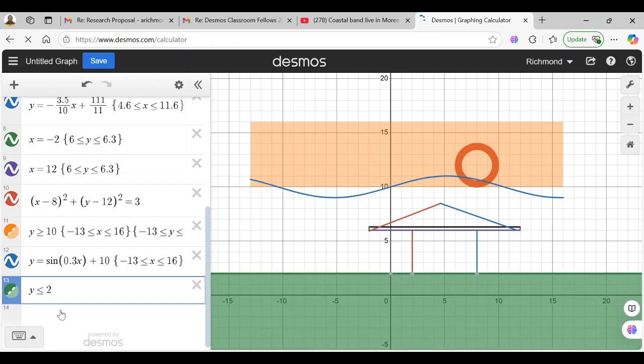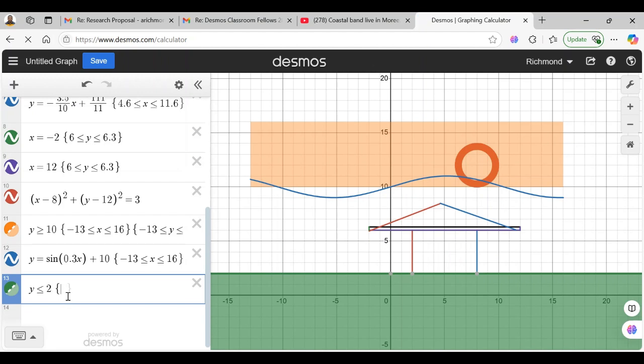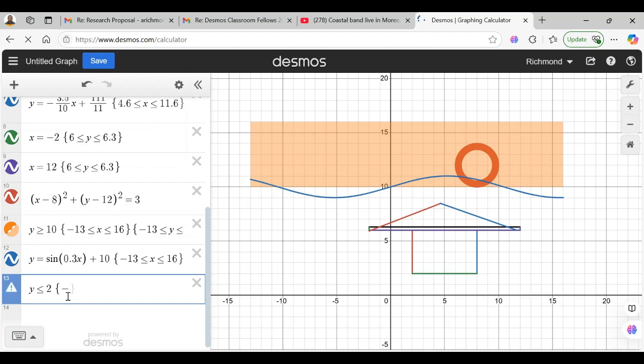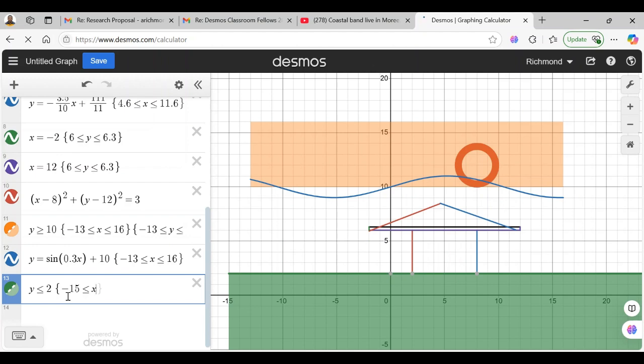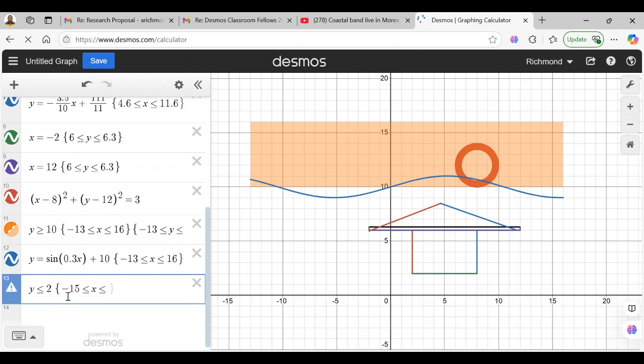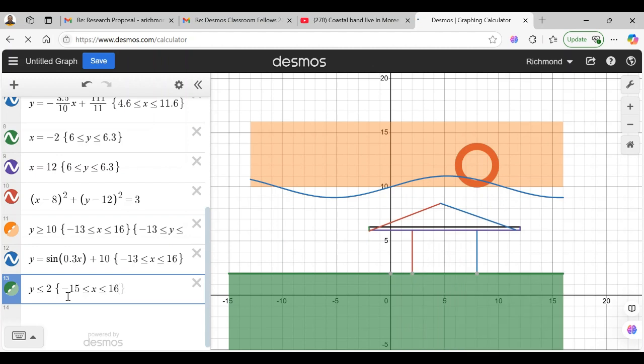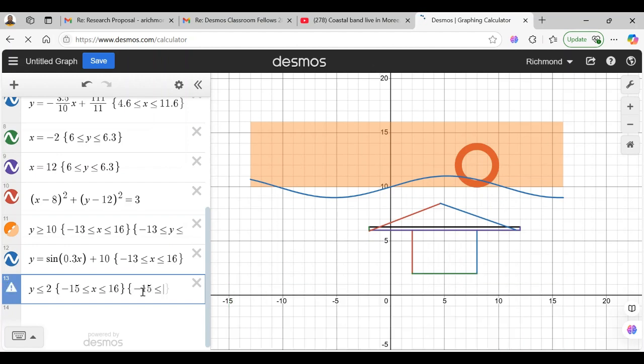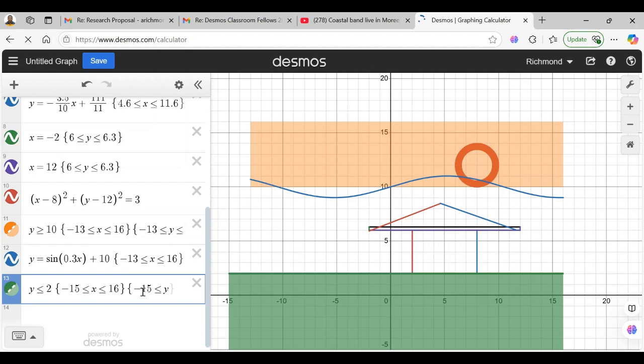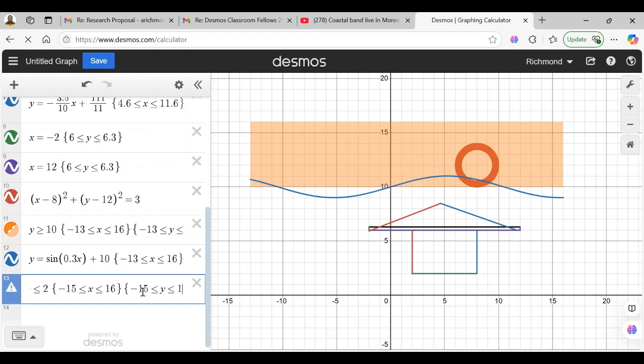Okay. And then the restriction from up there can have from negative 15 less than or equal to x less than or equal to, let's say, 16. Okay. And then the same down there, negative 15 less than or equal to y less than or equal to 16.